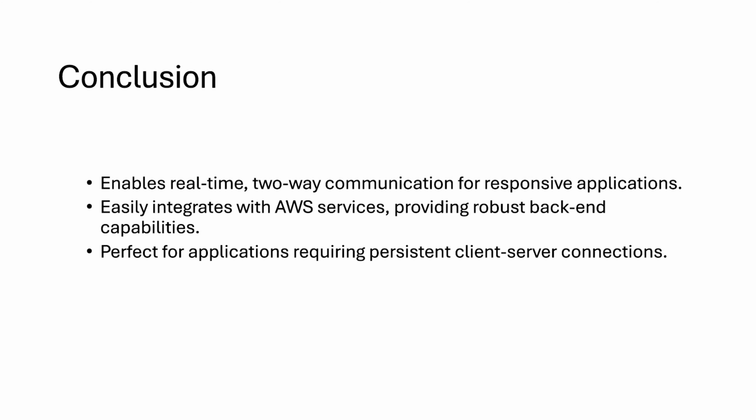From chat apps to collaborative tools, WebSocket is the go-to choice for applications that need constant real-time data flow between the server and client. Obviously, if you want two-way communication, where server and client communication happens simultaneously, then you have only one go-to choice, that is WebSocket API.